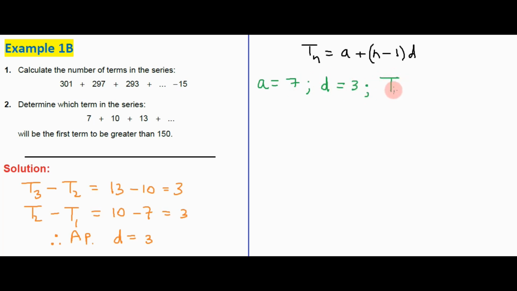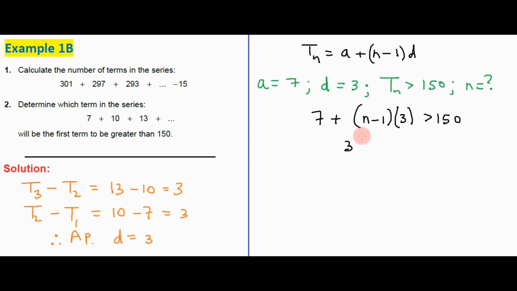T sub n must be greater than 150, and we must find the value of n. Let's plug into this equation. So A is 7 plus (n minus 1) times D, which is 3. This is the value of the nth term, and this must be greater than 150.